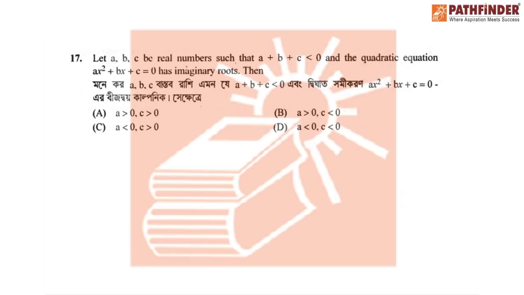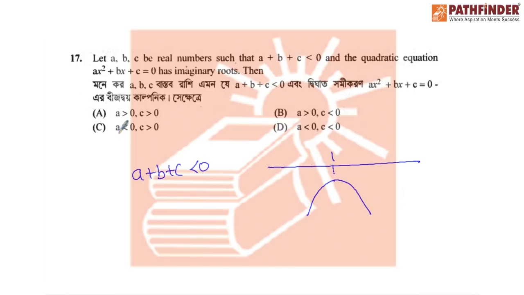Now next is question number 17. a, b, c are real numbers such that a plus b plus c is less than 0, and the quadratic equation has imaginary roots. If the roots are imaginary, the discriminant is less than 0, so the graph must be like this. Now it is given that a plus b plus c is less than 0, means at 1 it is negative.